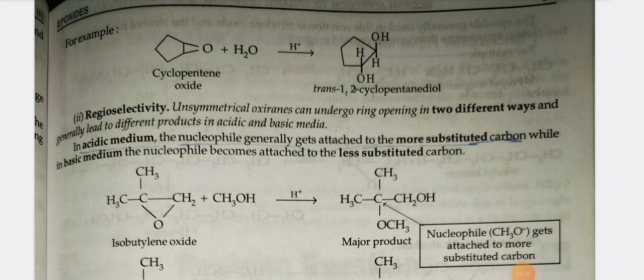Second, regioselectivity. Unsymmetrical oxiranes can undergo ring opening in two different ways and generally lead to different products in acidic and basic media. In acidic medium, the nucleophile generally gets attached to the more substituted carbon, while in basic medium, the nucleophile becomes attached to the less substituted carbon.